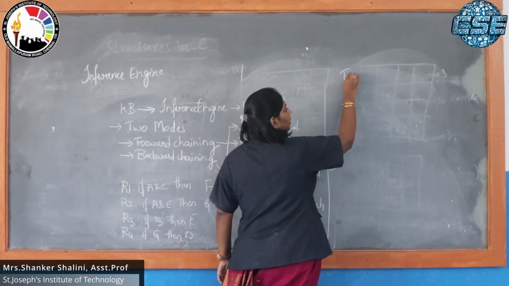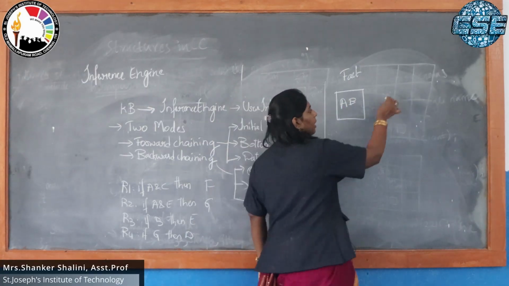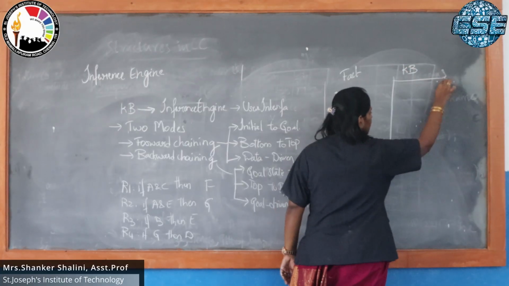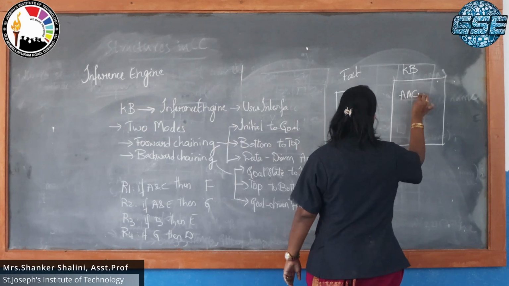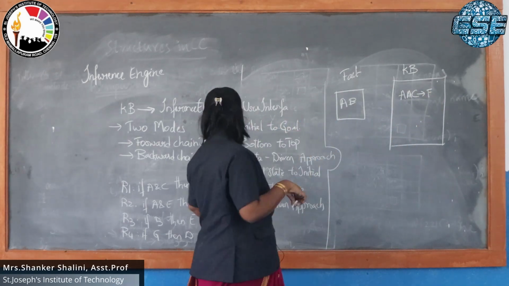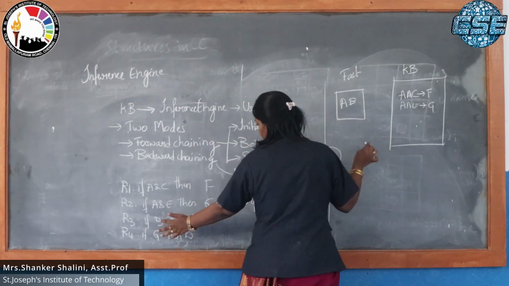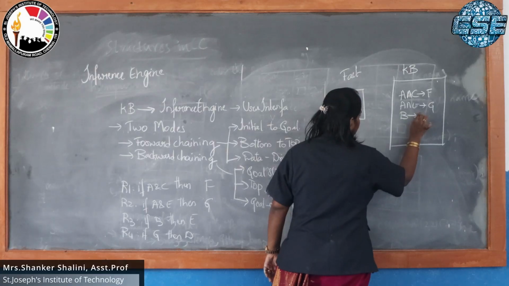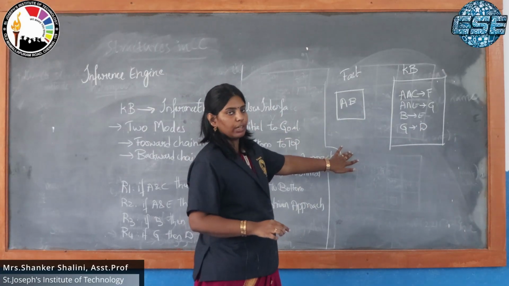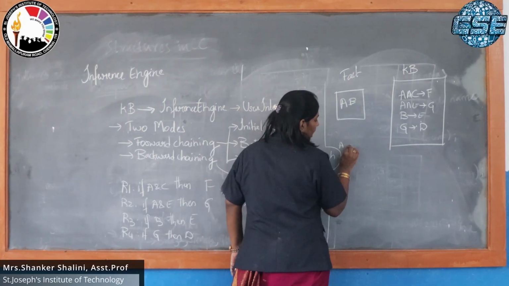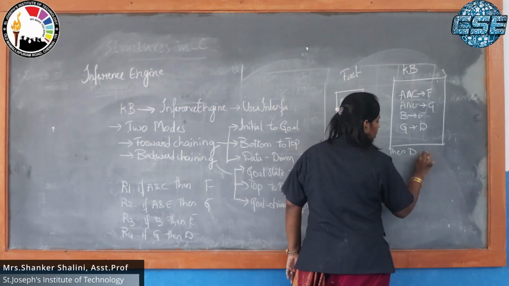There is a fact here. In the fact we have A and B initially, and we convert the rules into a knowledge base: A and C then F, A and E then G, B then E, and G then D. Here the theorem we have to prove is: if A and B are true, then D is true.